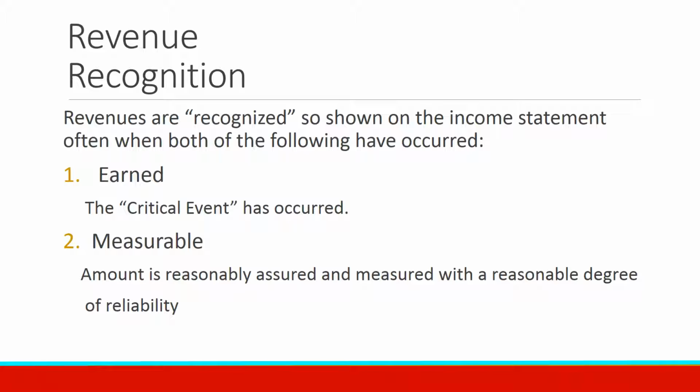Revenues can be recognized, that means shown on the income statement, generally when both of the following things have occurred. One is that you've earned the revenue, and two is that you can measure it with some degree of accuracy. And so in the case of whether you earned it or not, you need to identify the critical or difficult part of the earnings process and determine whether that has been done. We will look at that now in more detail.